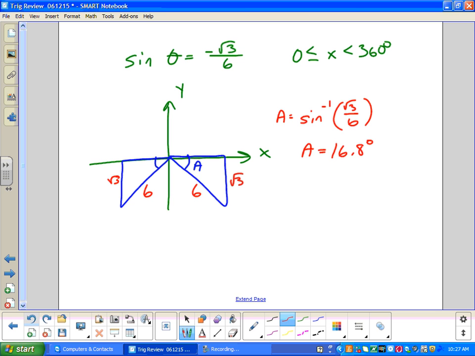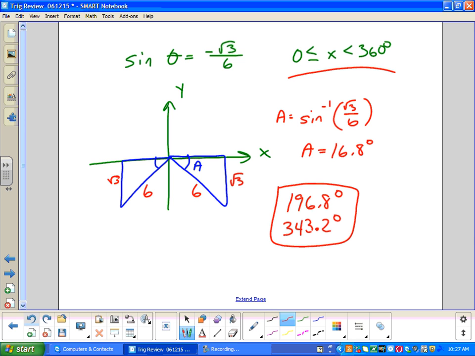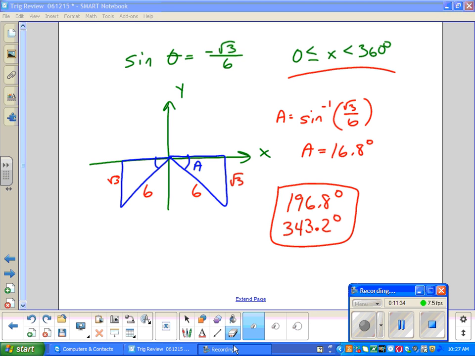So how about 196.8 is one answer, and 360 minus 16.8 is 343.2 degrees, because our domain at the top said from 0 to 360. Again, keep studying. This should all be pretty straightforward. And again, practice makes perfect.